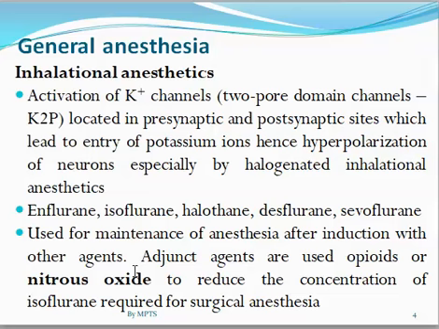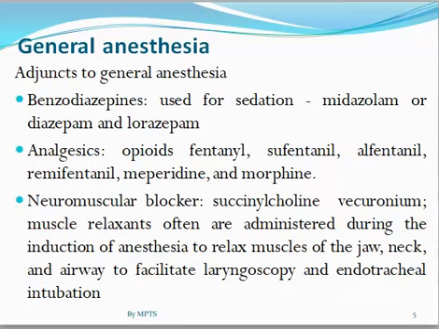The adjuncts used in general anesthesia prior to inhalation are opioids, as I explained earlier, and nitrous oxide. This could be used to reduce the concentration of the halogenated inhalation anesthetics, such as isoflurane, required for surgical anesthesia.